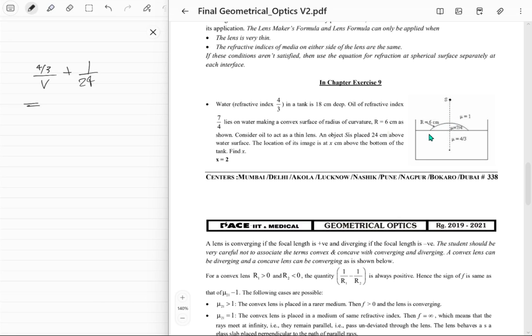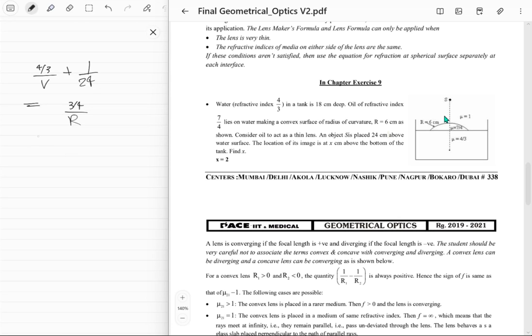for this surface you will have something. For this surface you don't want to have anything. For this surface you've got r being positive, and then what is mu 2 minus mu 1? It's 7/4 minus 1, which is just 3/4. So 3/4 upon r. That should do it.